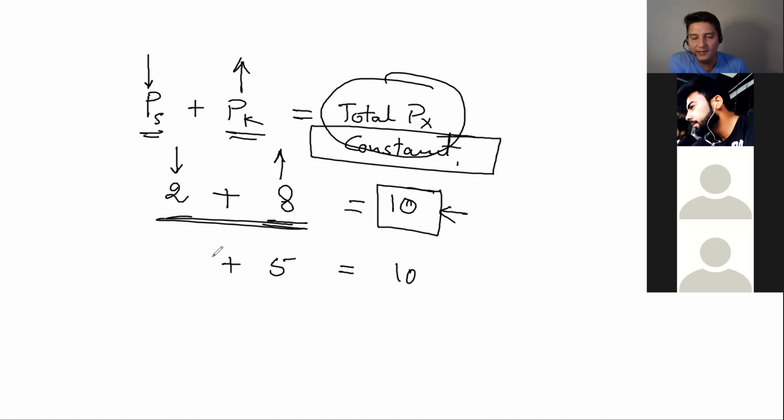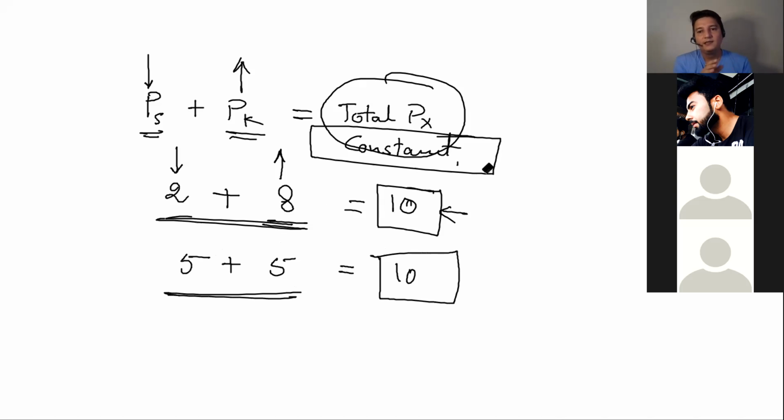Akshay, can you explain? Yes, it will be 5. It will be 5. Exactly. Total pressure has to be same. So if one increases, the other one will have to go down. Very nice. So we have understood this phenomena that total pressure remains constant. So one has to rise, one has to fall. This is a very simple definition about pressure, which we have understood.